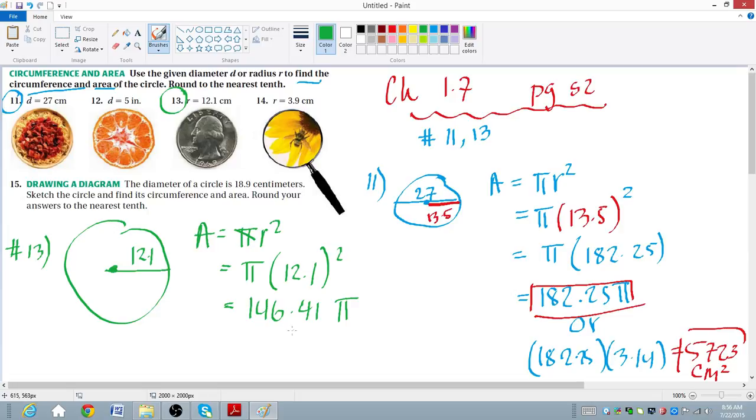That's the answer. Or you want to multiply 146.41 times 3.14, and you'll get 459.7. And this is centimeters squared, so cm squared. Make sure that you have either this answer or this answer, depending on what your teacher wants.